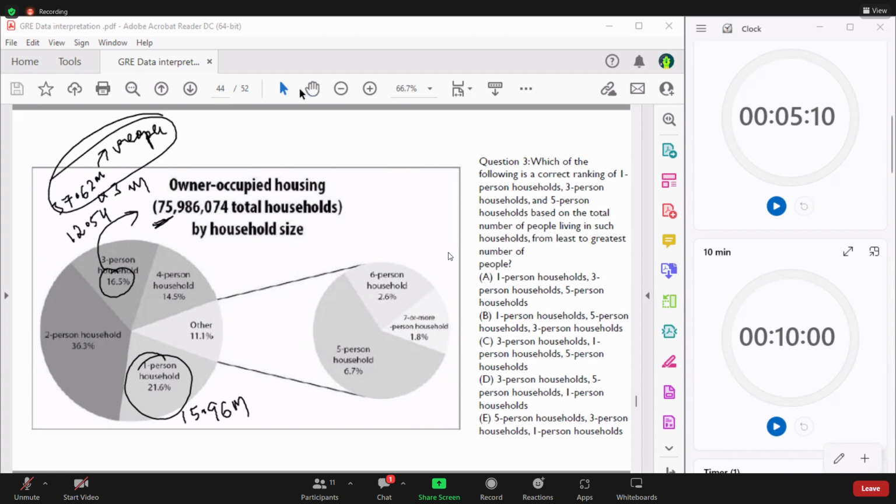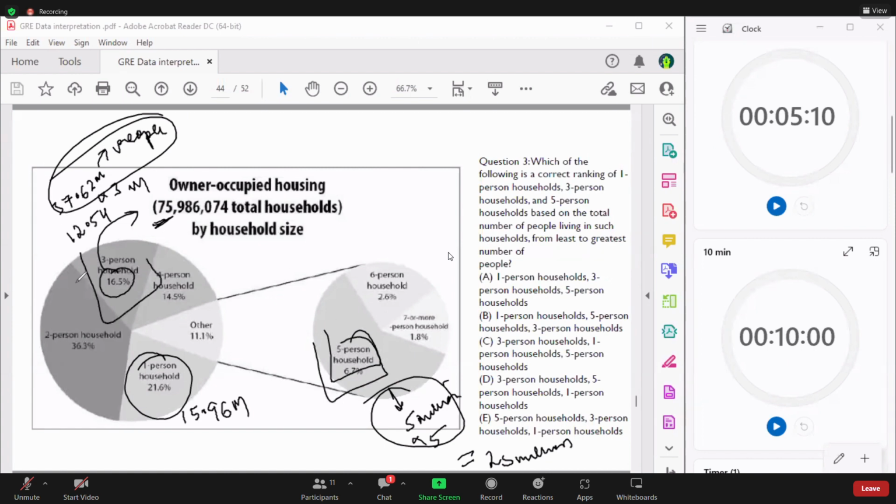And for 5-person households, we just calculated 6.7% of 76, which is 5 million households. We multiply this by 5, so 25 million people are living in 5-person households. 37 million people are living in 3-person households, and 15 million are living in 1-person households.